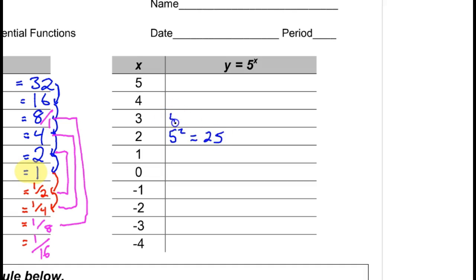To the third, 125. To the fourth, 625. To the fifth, 5 to the 5 is 3,125.